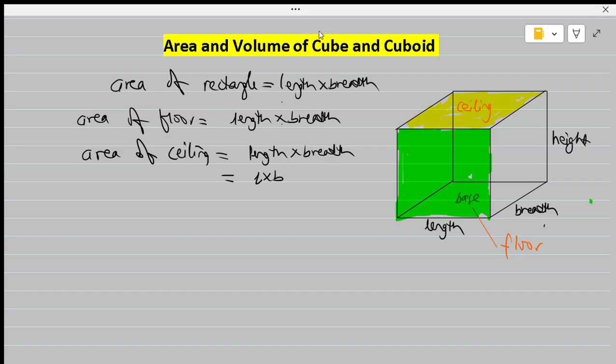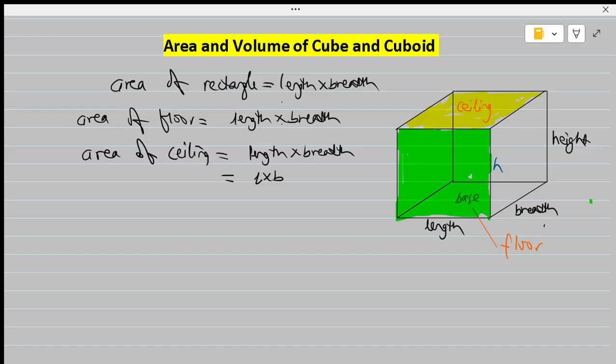Let's talk about its two dimensions. One dimension is length, and the other dimension is height, for the wall along the length.